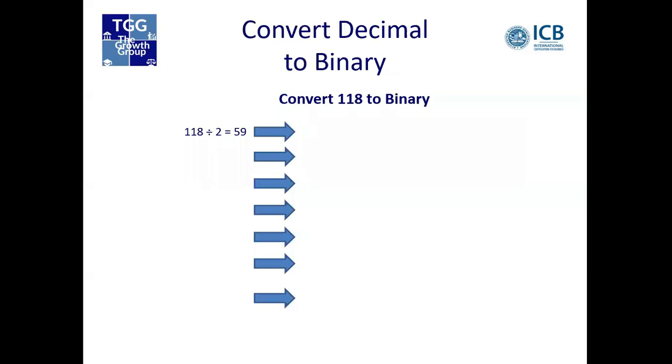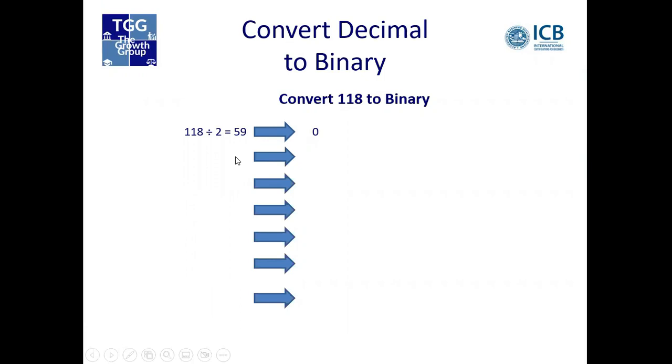There is no rest. If it was 59.5, it would be rest 1. It is an equal number divided by 2, so it will be another full natural number. And when it is a number without a rest, we say it is a 0 there.